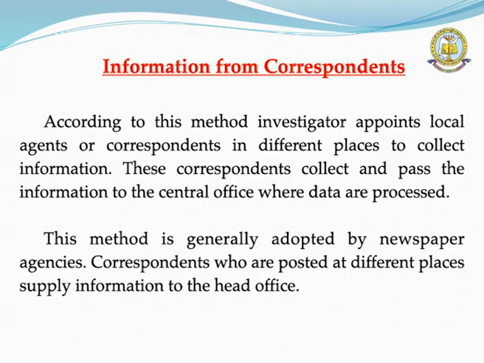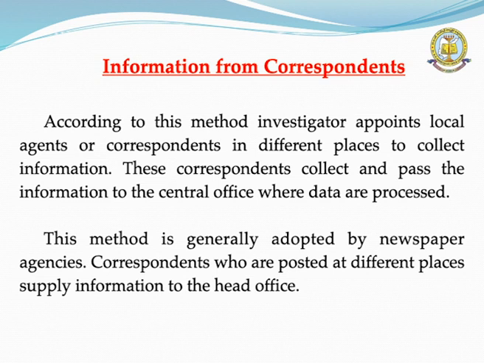Next one is information from correspondents. According to this method, the investigator appoints local agents or correspondents in different places to collect information. These correspondents collect and pass the information to the central office where the data is processed. This method is generally adopted by newspaper agencies.